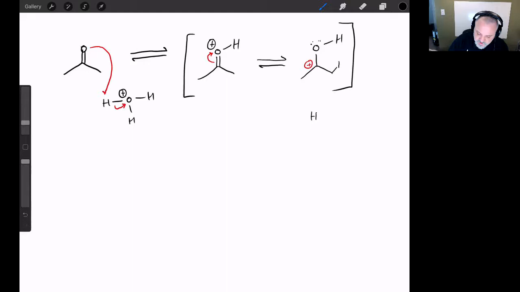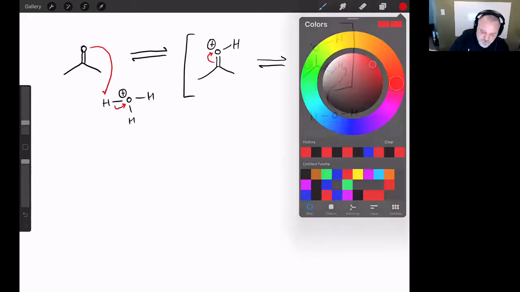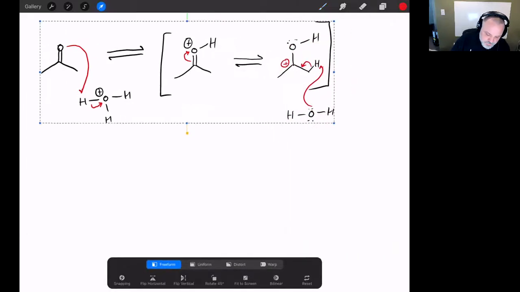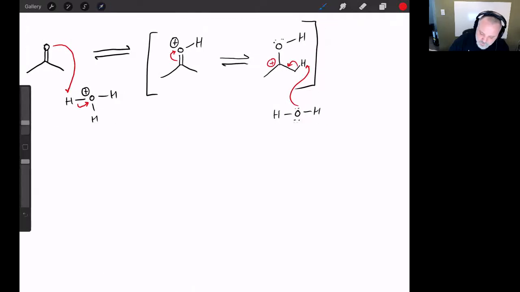Notice that there is a hydrogen here. And this is how I form the enol.